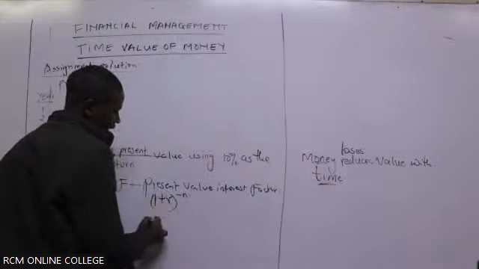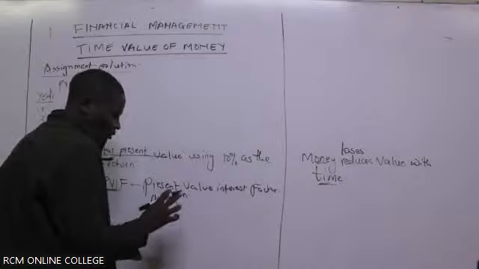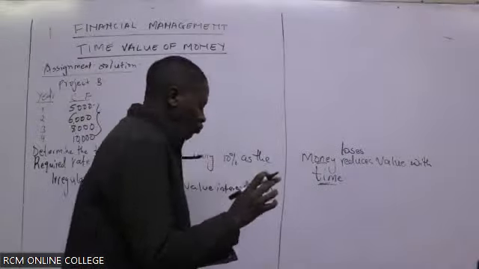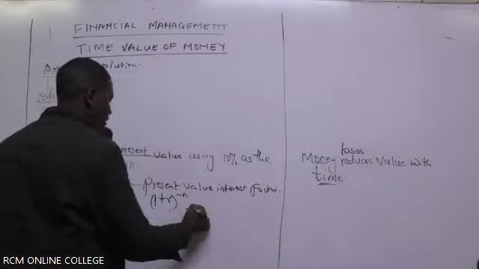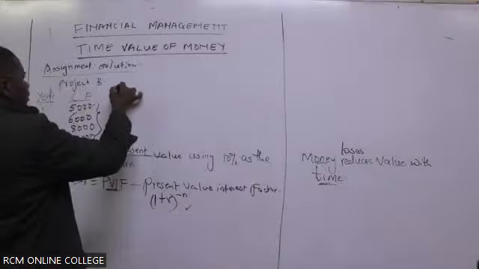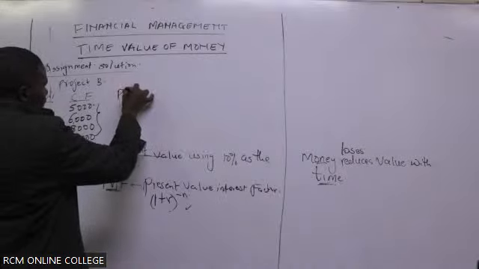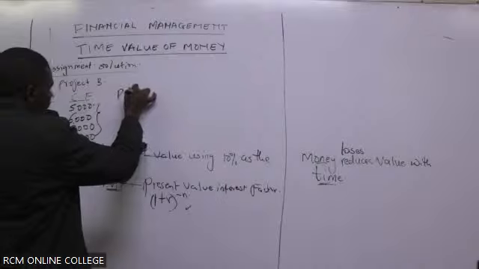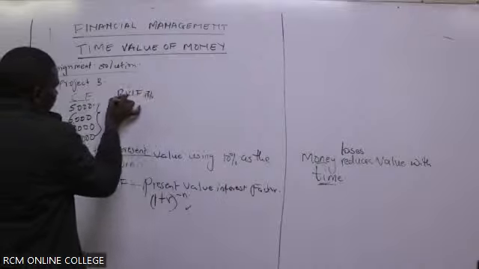Class, I told you that this is golden, and it is good to note that this is the formula for getting the PV. So if I want to discount this, I'm using 10%.